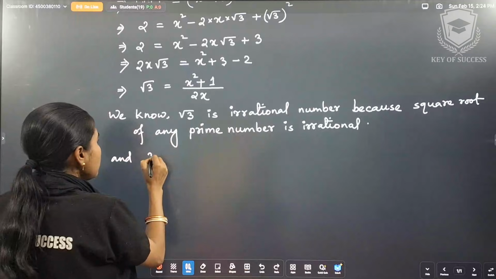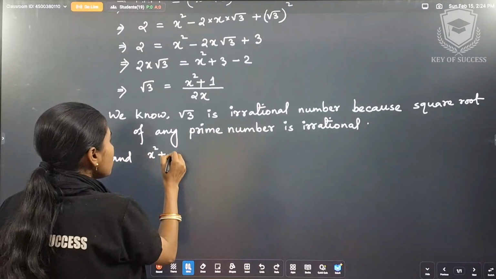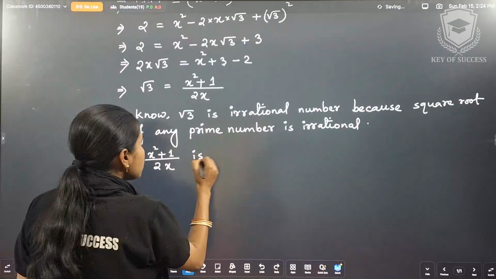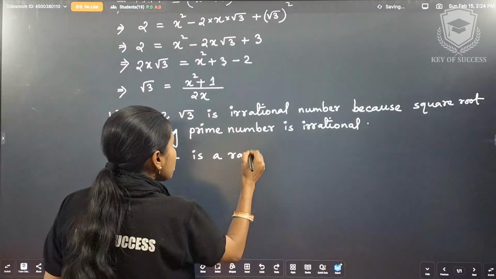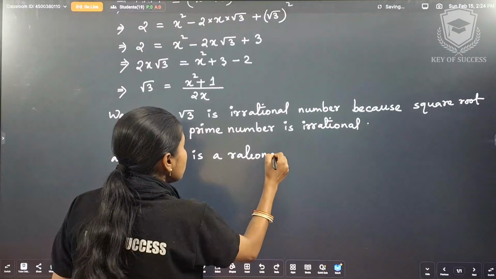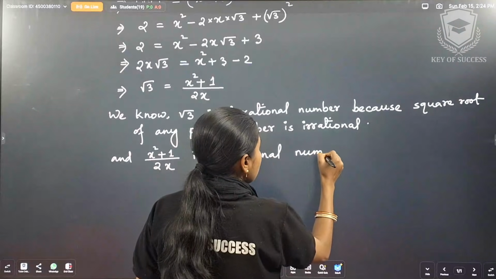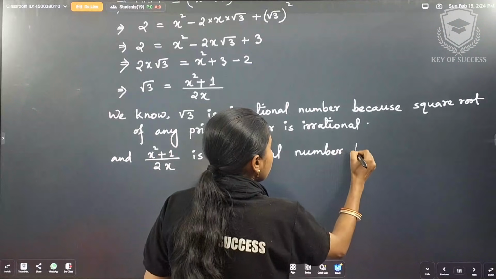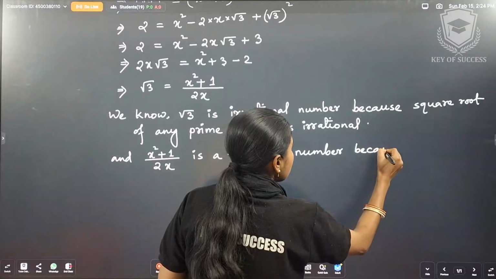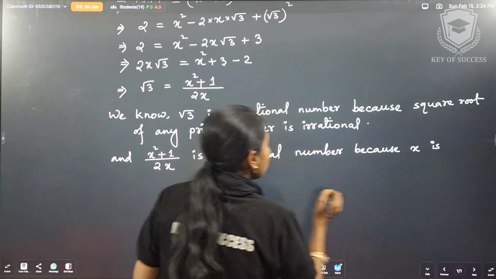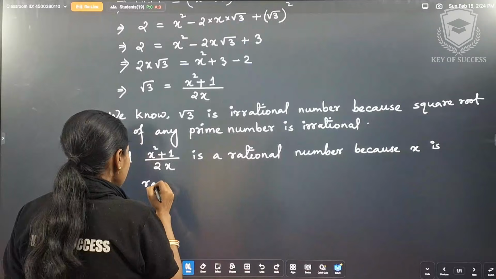And (x square plus 1) divided by 2x is a rational number because x is a rational number.